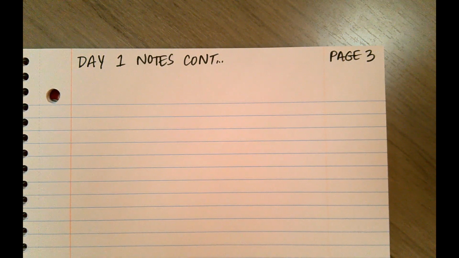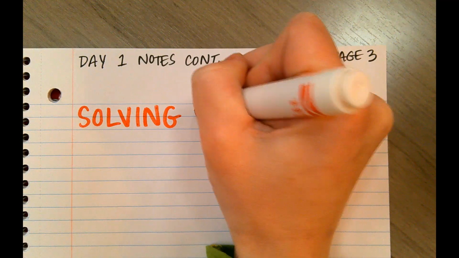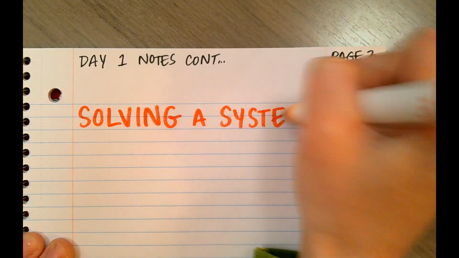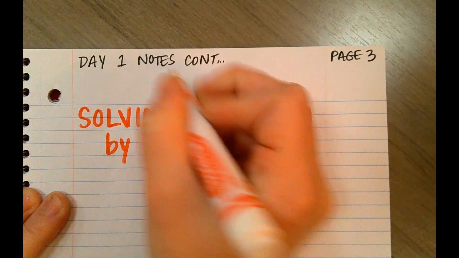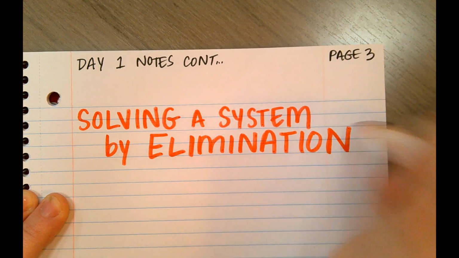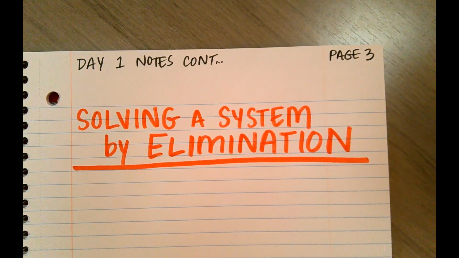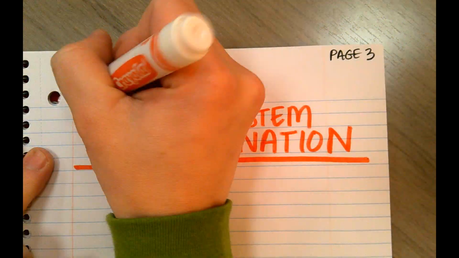Now we're going to look up the first method: solving a system by, this first method is called elimination.